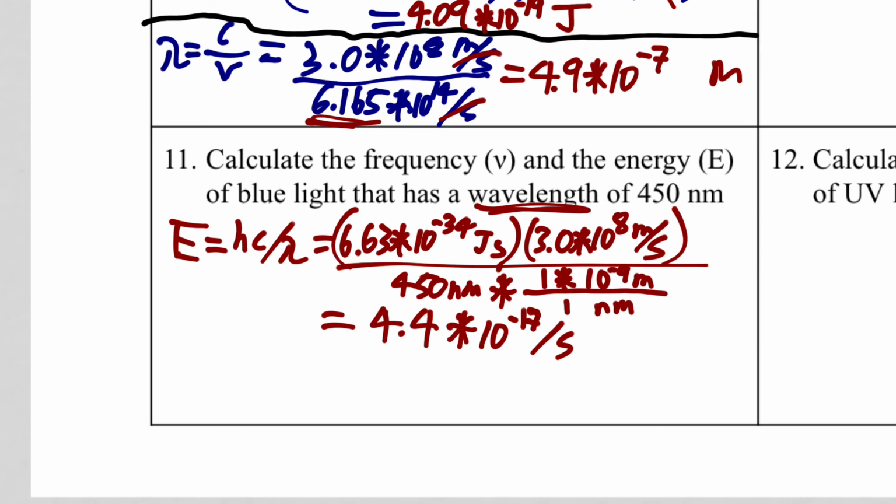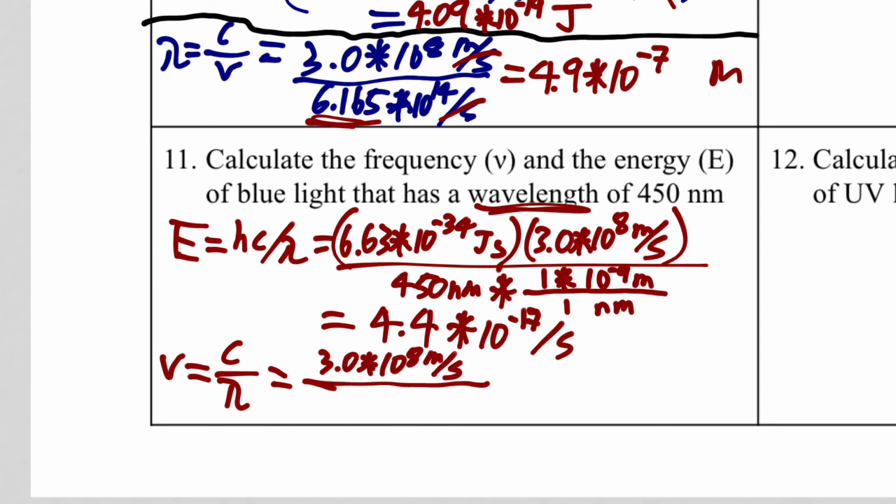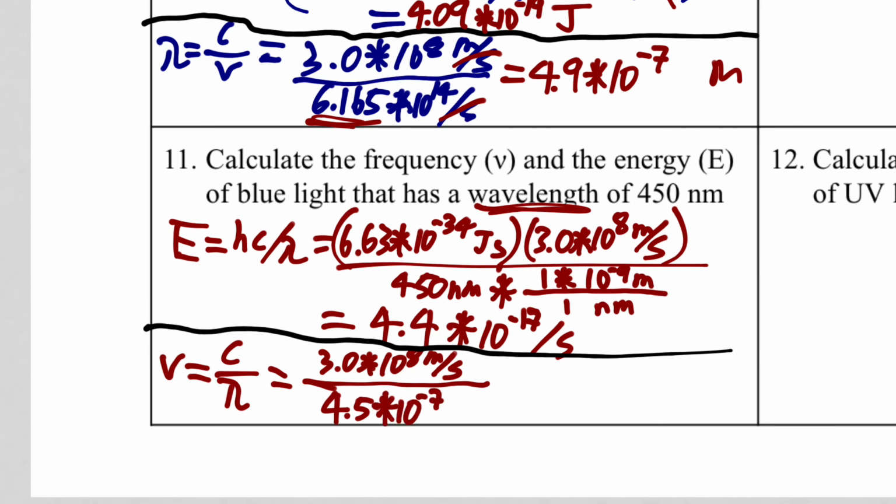And the other one that you will need to do is you have to figure out what is the nu value, which is also c divided by lambda. So you will need to do 3.0 times 10 to the 8th power meters per second divided by, I'm going to use a black line to separate these two parts, lambda, which is 450 nanometers, but you should have converted it at that point, so it's going to be 4.5 times 10 to the negative 7 meters.